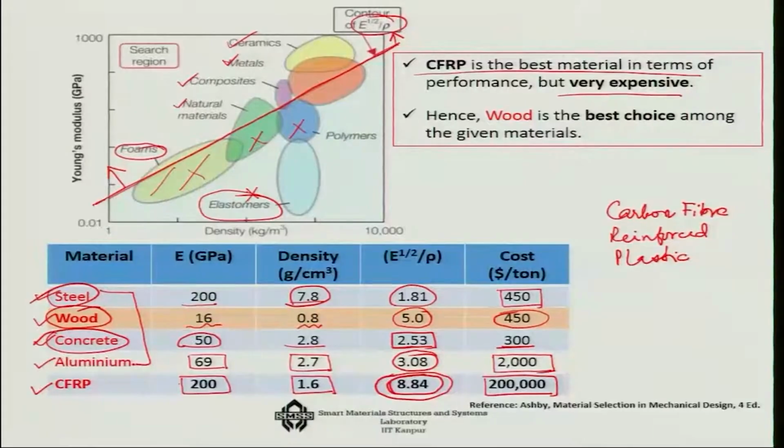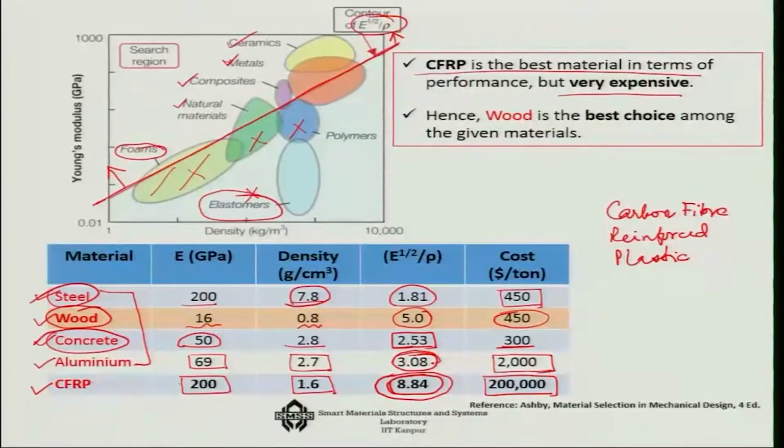But though steel is cheaper, so steel is better in that way, because aluminum is more expensive, even though its factor is slightly higher.